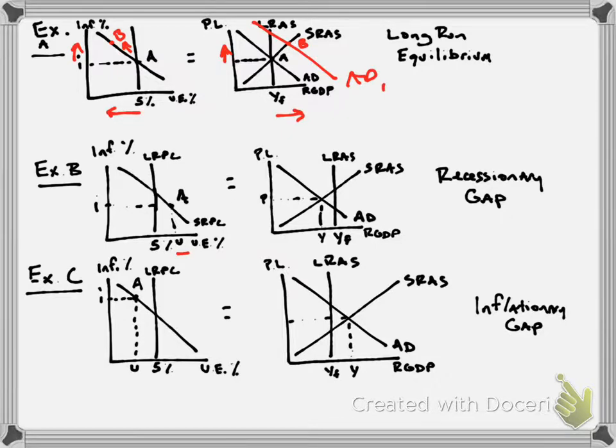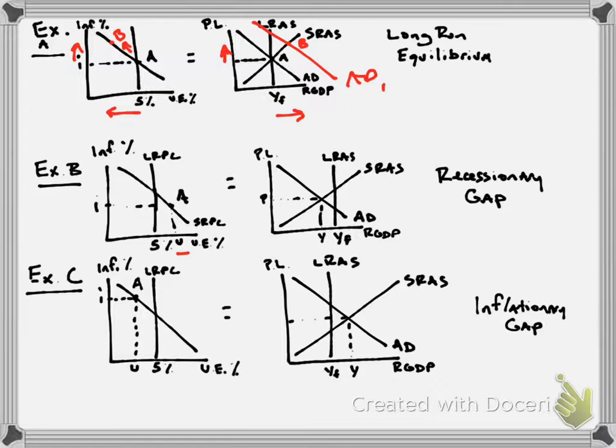We have more unemployment than what we naturally would like to have. Hopefully you can think about that and know that must mean that our economy is in a recession, right? And so when we have a point that's to the right of our LRPC, that's just using the Phillips curve to illustrate a recession. So what I drew on our aggregate supply, aggregate demand graph is a graph that illustrates a recessionary gap. So these two graphs in example B really represent the same thing.